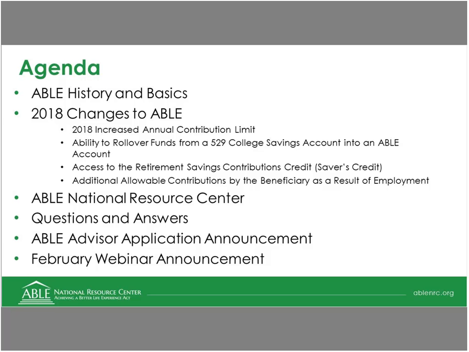Then we will discuss having new access to the Retirement Savings Contributions Credit, which is also known as the Savers Credit. And lastly, we'll discuss the ability for beneficiaries to contribute additional contributions into their ABLE account as a result of employment. Lastly, we'll give just a little bit of information about the ABLE National Resource Center, and then we're going to take some questions and answers facilitated by myself to the panelists, and of course, at the very end, we will have an opportunity to take some questions from you all that hopefully you will be submitting throughout the duration of the webinar.